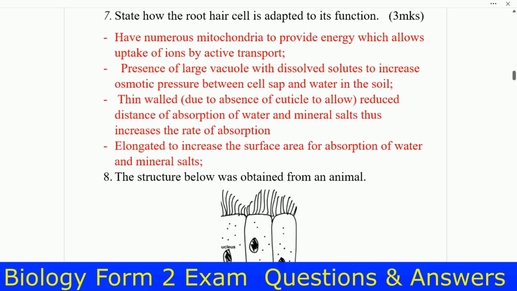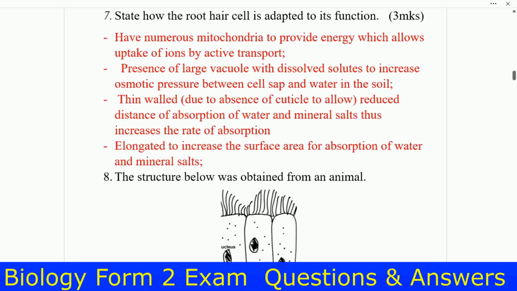Number 3, they are thin walled due to absence of cuticle, to reduce the distance of absorption of water and mineral salts, thus increasing the rate of absorption. And number 4, the last one, they are elongated to increase the surface area for absorption of water and mineral salts.